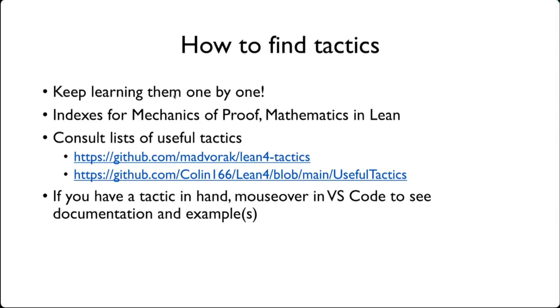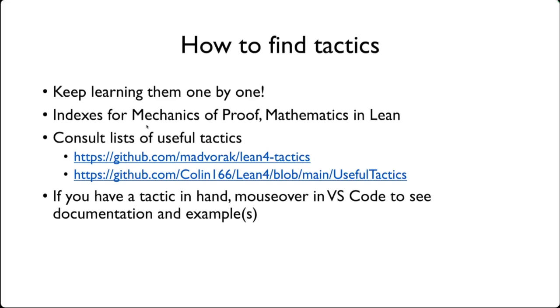So to find tactics, keep learning them one by one. Okay, these are rich things. They do stuff, and it's up to you to decide which ones to bring into a given context. The way you can do that is just by doing more practice, by learning. You can also read their documentation after you understand this a little bit better and can navigate that bit of code, for example.